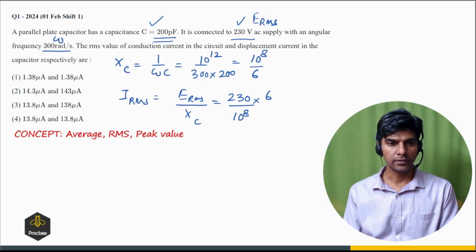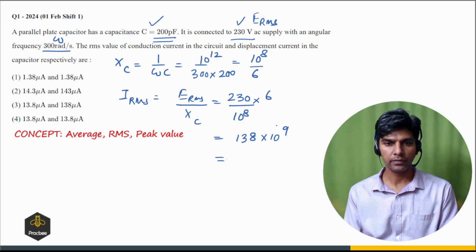So let us simplify this. This will be 138 into 10 raised to power, sorry, this will not be 9, it will be minus 7. So it will be 13.8 microampere.